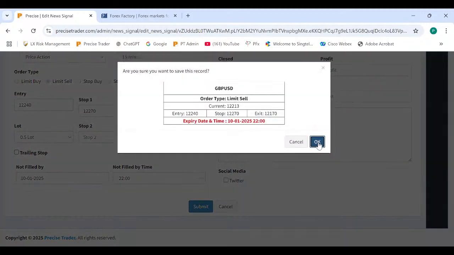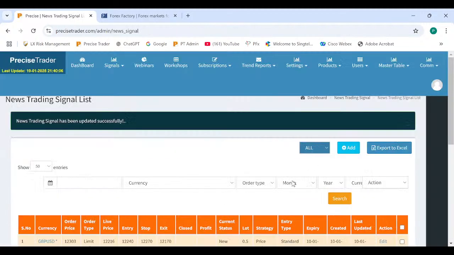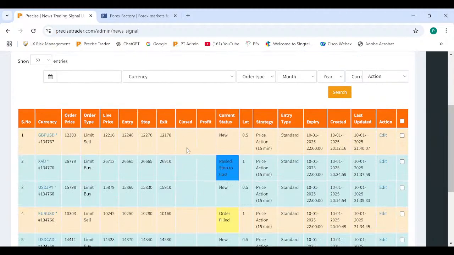Again the expiry, we look for until 2200 hours. Then after that we will do another round of trading.